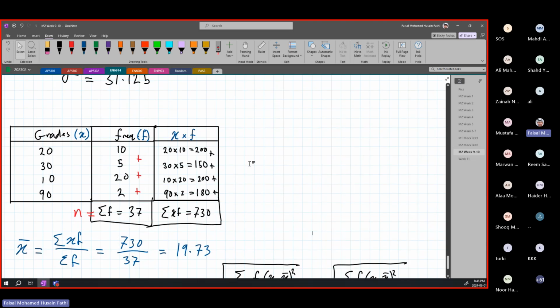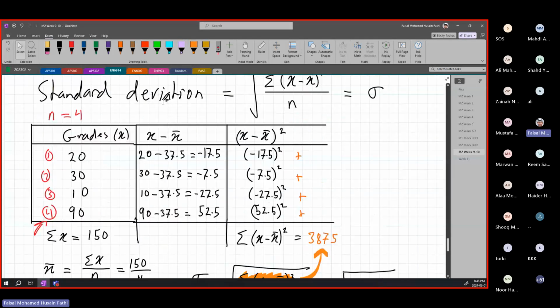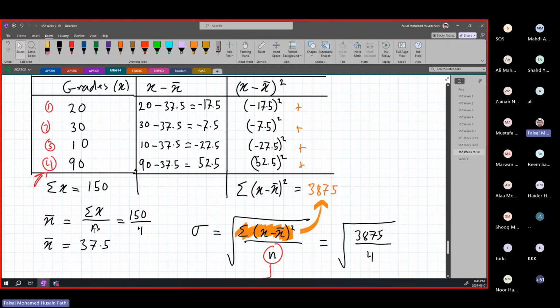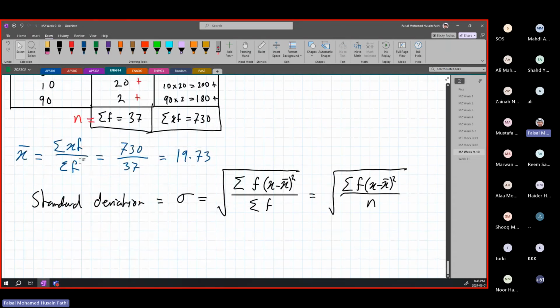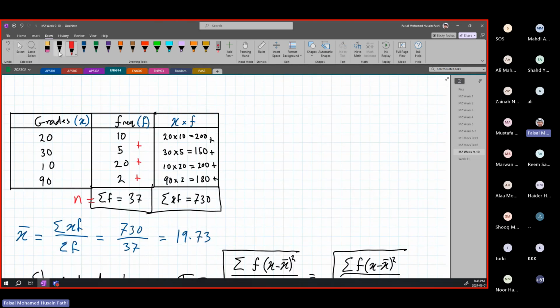And from the previous equation here, we found our x minus x bar. However, the x bar here is now different, okay? So now our x bar is different because we found a new average because we have different frequencies. So we are going to do the exact same table as we did before with one small difference.